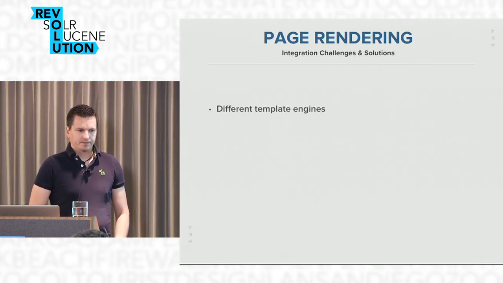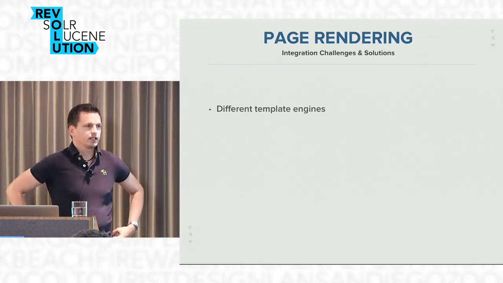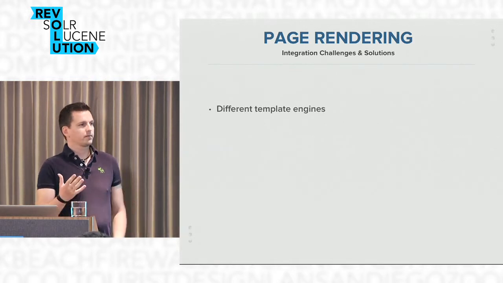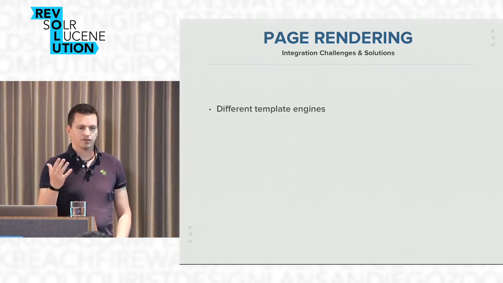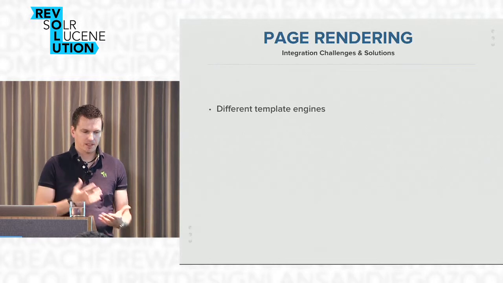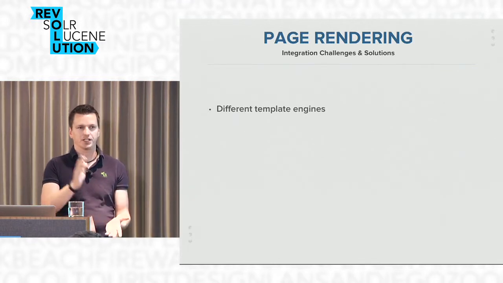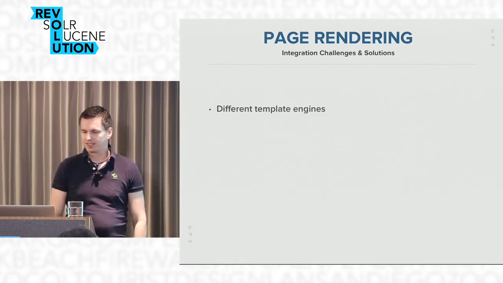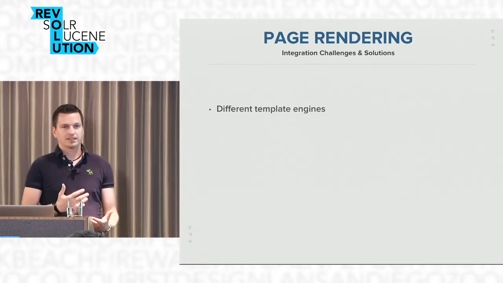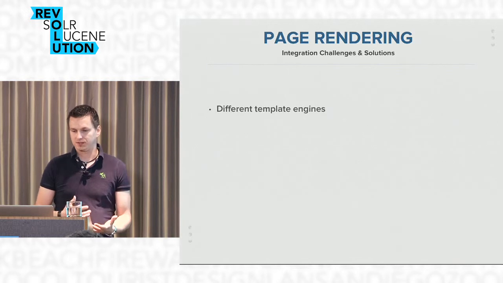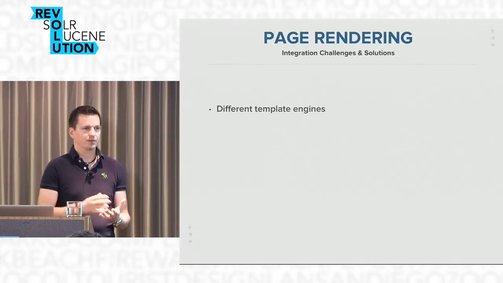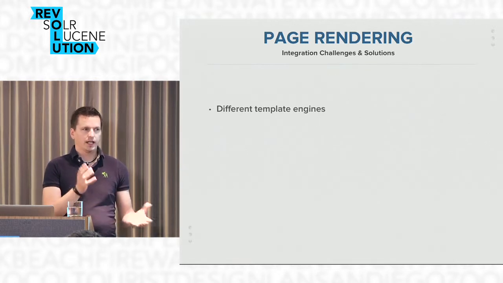So it's not easy to just say, OK, get me all the content for a particular page by, let's say, select star from content where page ID equals whatever. It doesn't work because the templating is just too flexible to do it this way. You could have content on a page coming from another page.